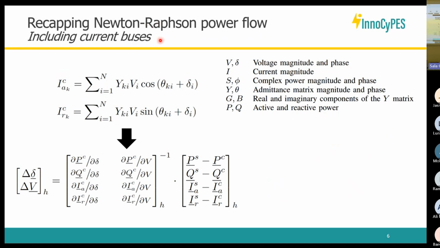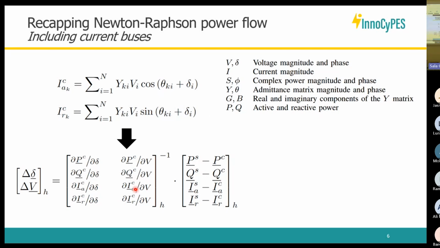So what is not so typical is the inclusion of current buses in such systems. But at the same time that it's not typical, it's actually quite simple, because we have equations as well that tell us about the currents, active and reactive currents. So if we have certain specified currents instead of active or reactive power, we can do exactly the same.